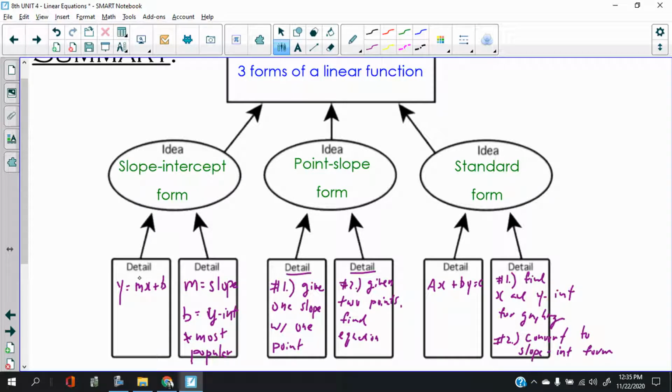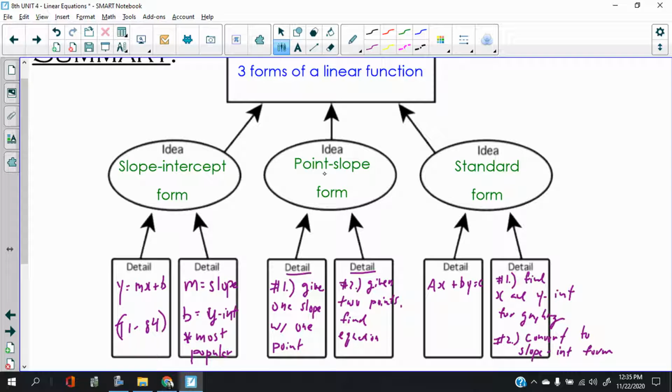For slope-intercept form, there's the formula y equals mx plus b. m stands for slope, b stands for the y-intercept. This is by far the most popular form and the one that the TI-84 uses.